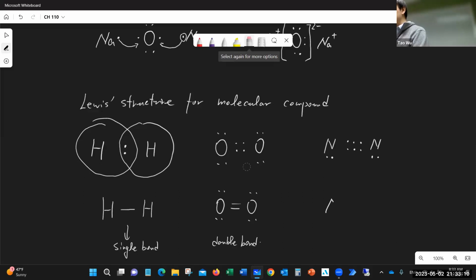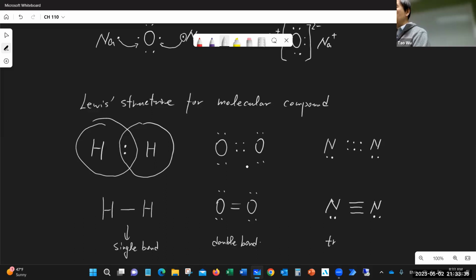And remember, the shared electrons are rewritten as a bond, but the rest of the other dots you still need to keep there. In this case, we still have a lone pair over here, and a lone pair over here, and the 3 pairs of shared electrons become a triple bond.